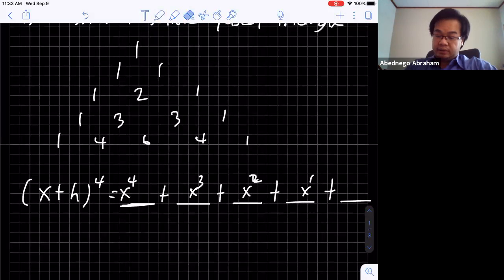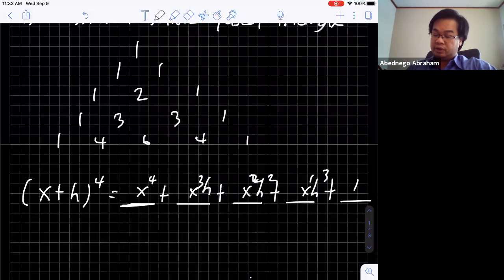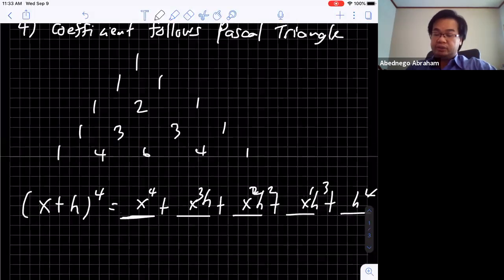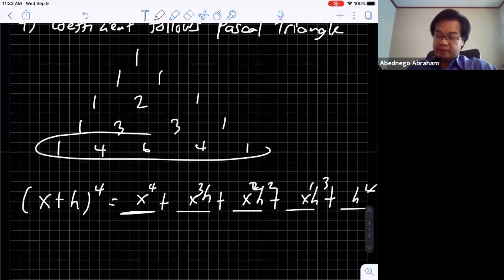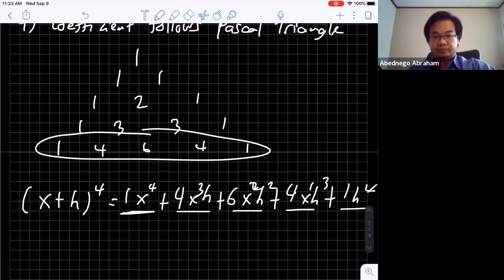And then the second variable goes from power 0 and increases by 1. So it's h power of 0, h power of 1, h squared, h power of 3, and h power of 4. And then the coefficients follow the Pascal triangle: 1, 4, 6, 4, 1. So that's the review. I hope you understand that already.